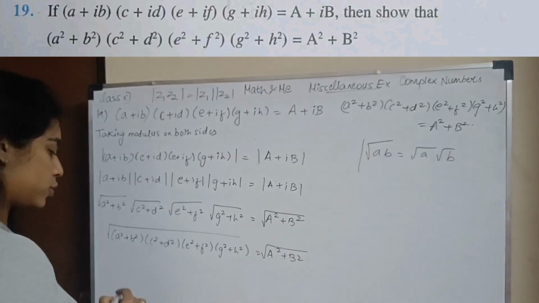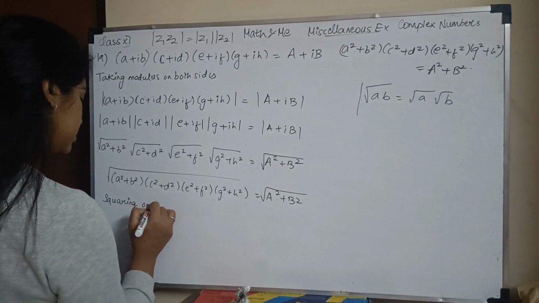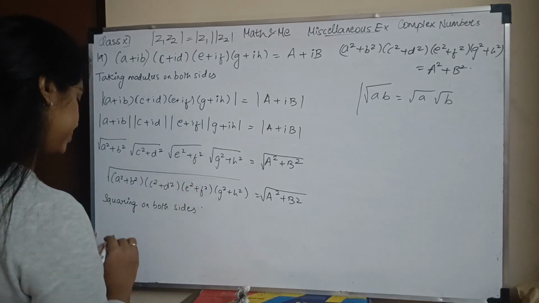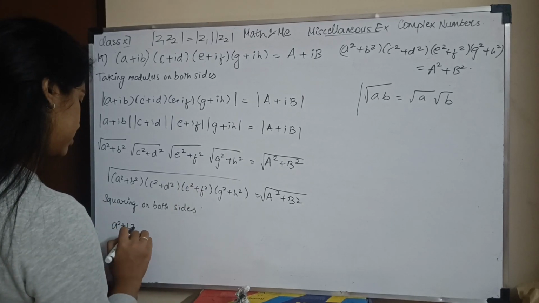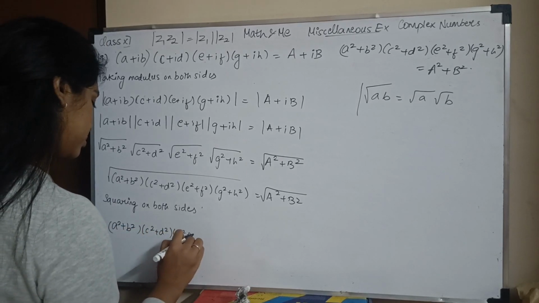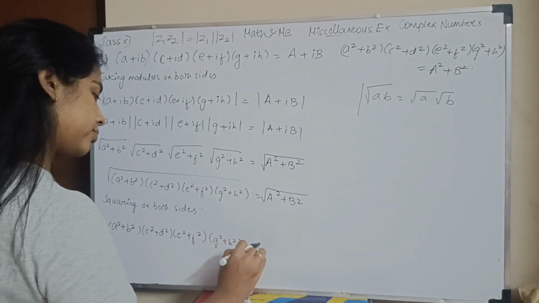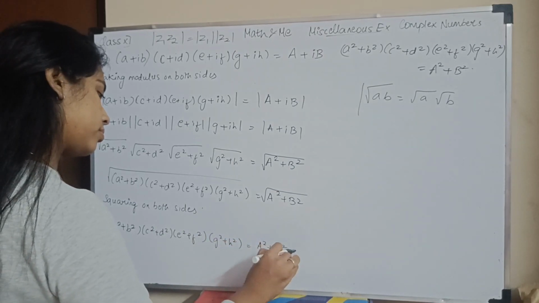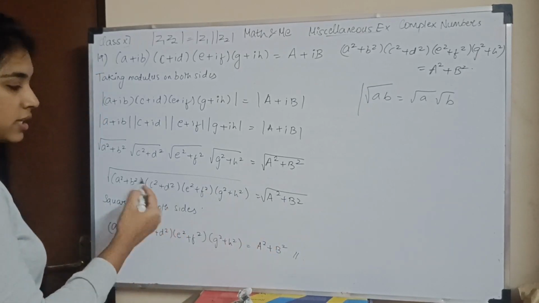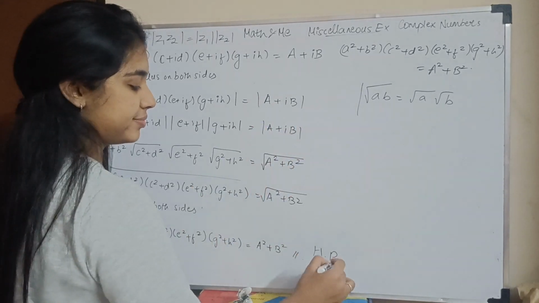Now squaring on both sides, the square root goes off. I get what is needed. Hence proved.